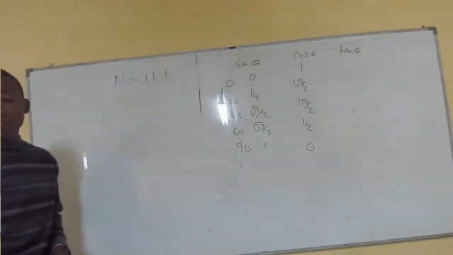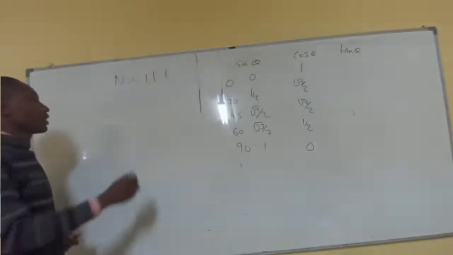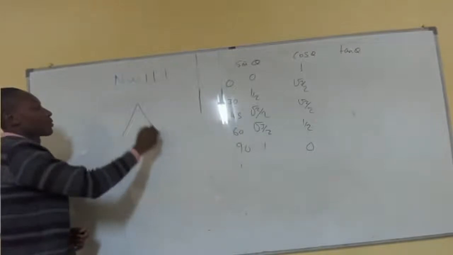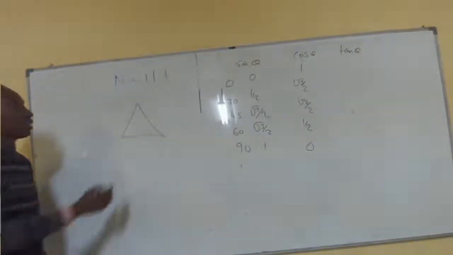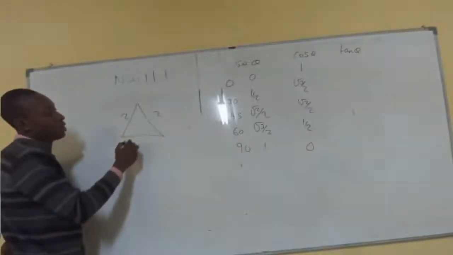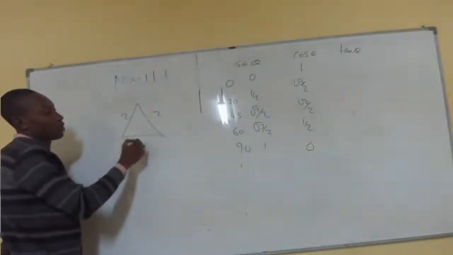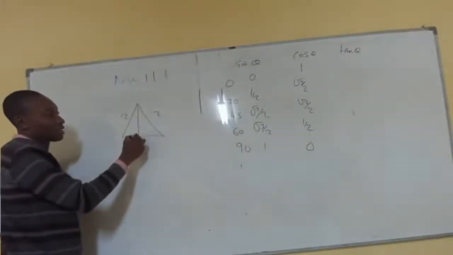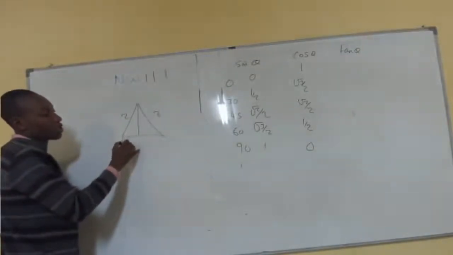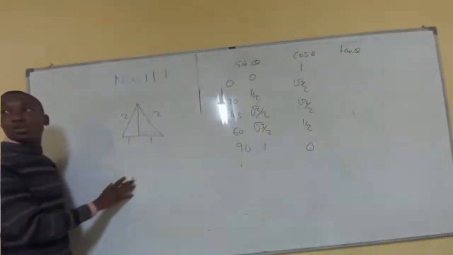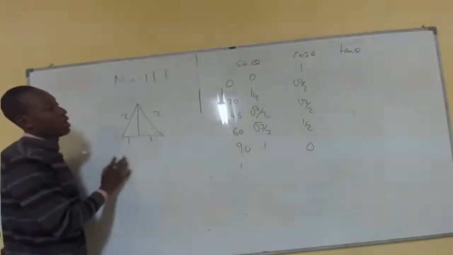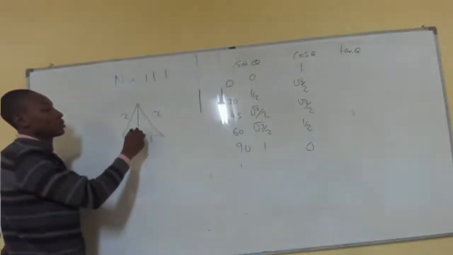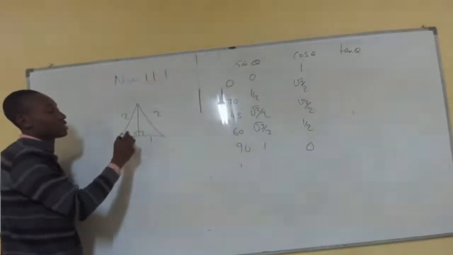So you first consider this triangle with 3 equal sides. We have 2 here, but it's going to be cut in half. So this is 1 plus 1, which is still 2. All right, so this is 90, this is 90.